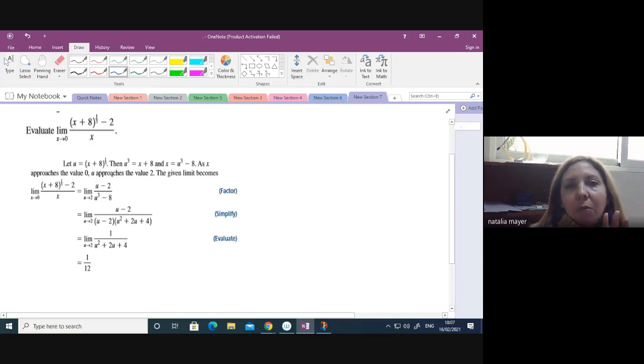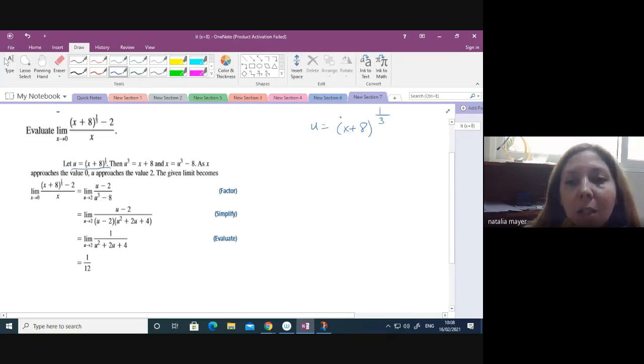So this is the first trick. As you can see here, we took the entire expression x plus 8 to the power of 1 over 3, which is the same thing as third root, and replaced it with a new variable u. Okay, so this is the first step to think about.